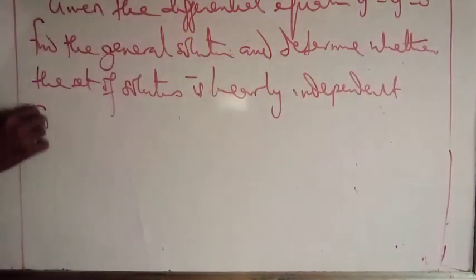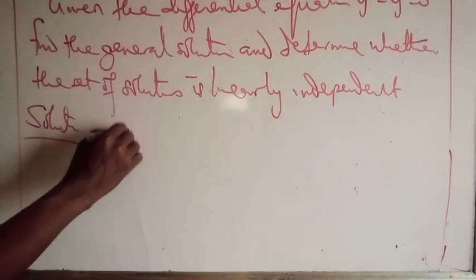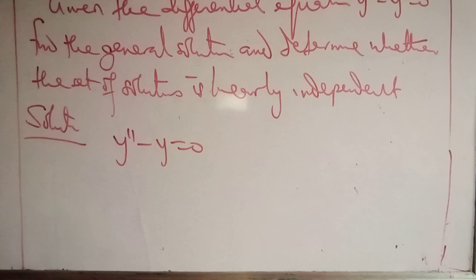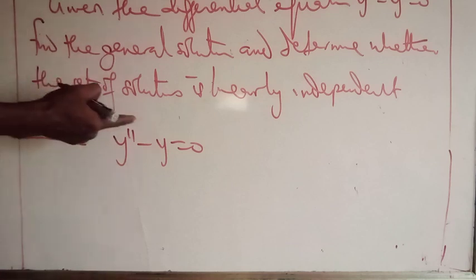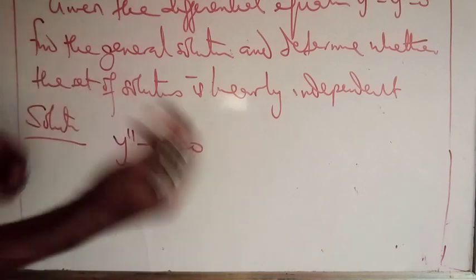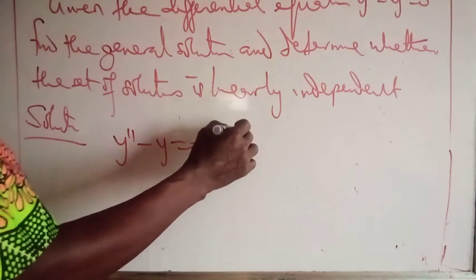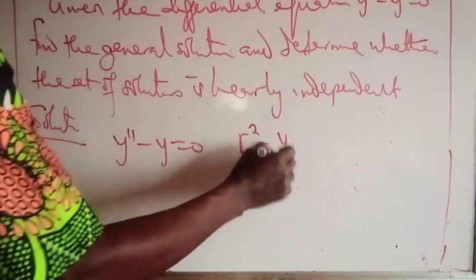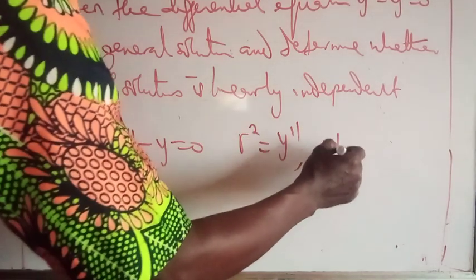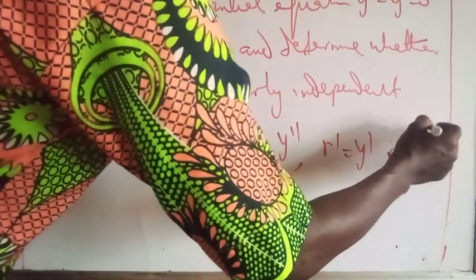Now, how do we solve this? First of all, we are given y prime prime minus y equals 0. So we find the characteristic equation of this differential equation. This is a second order linear homogeneous differential equation. Let's take a constant r, where r raised to power 2 stands for y prime prime, r raised to power 1 stands for y prime, and r raised to power 0 stands for y.